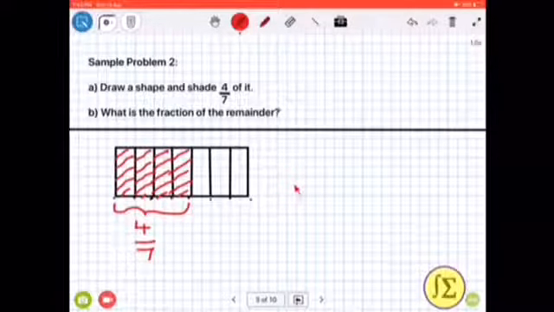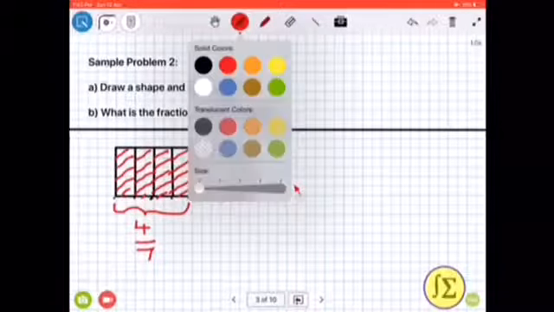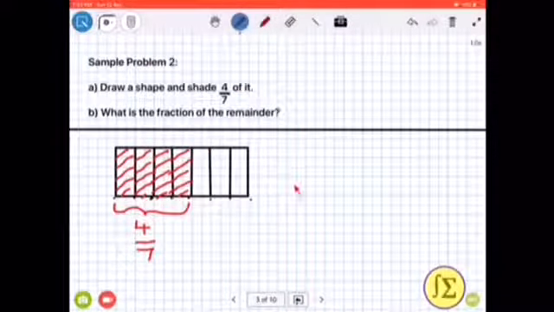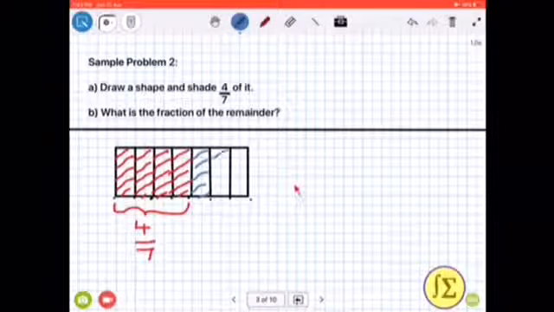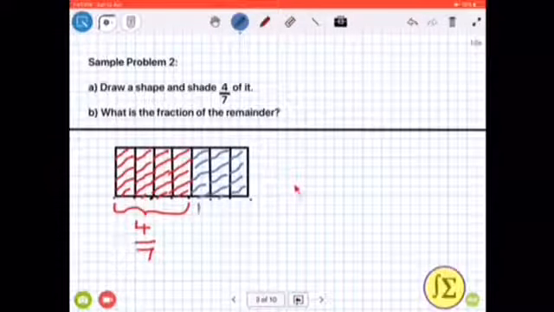Right, now we look at part B. What is the fraction of the remainder? Let's change the color. So this is the remainder. This is 1 piece, 2 pieces, and the 3rd piece. So the remainder, that's 1, 2, 3 pieces, right?